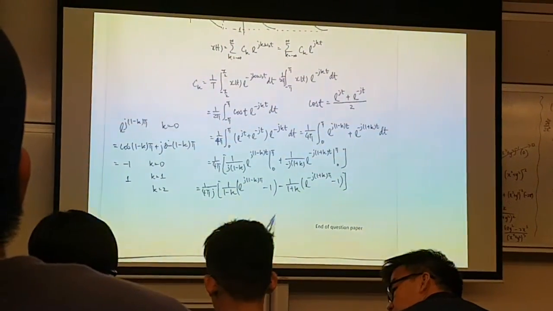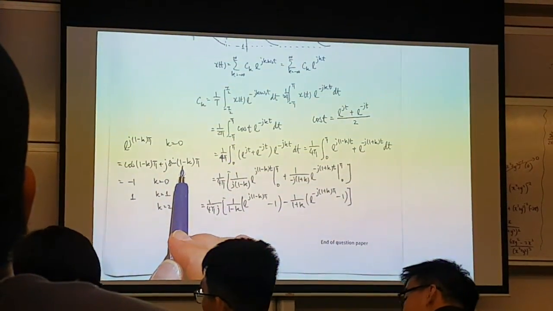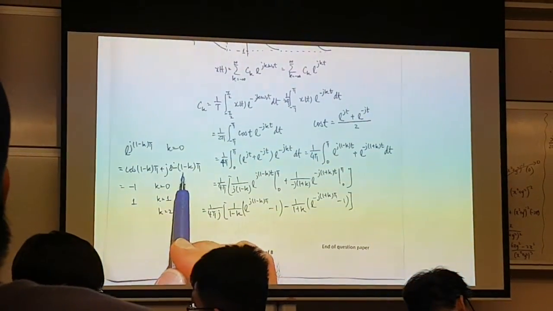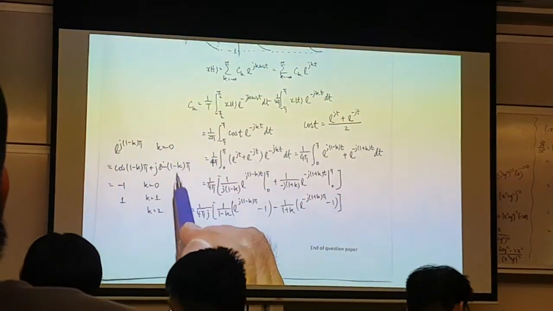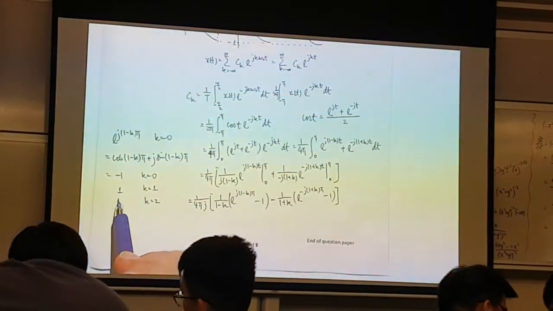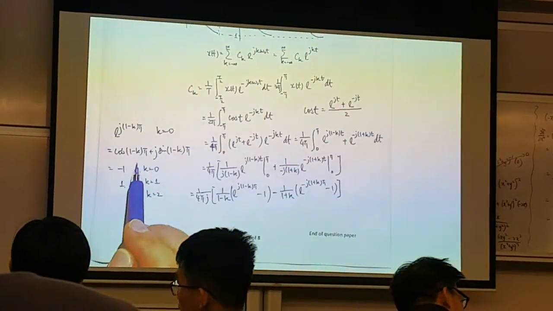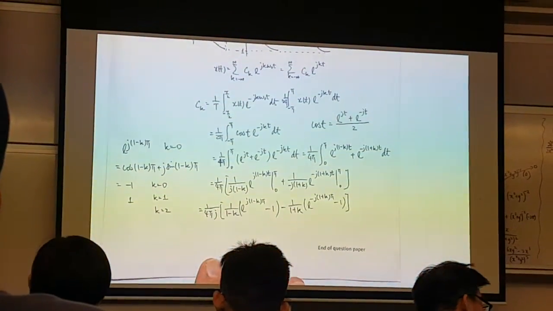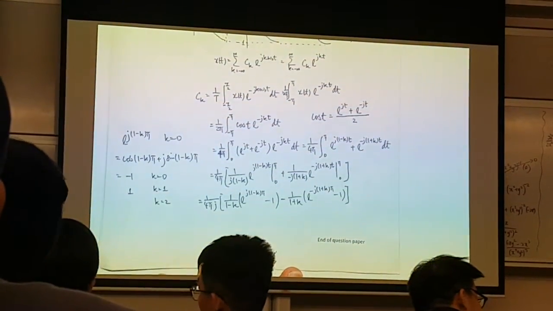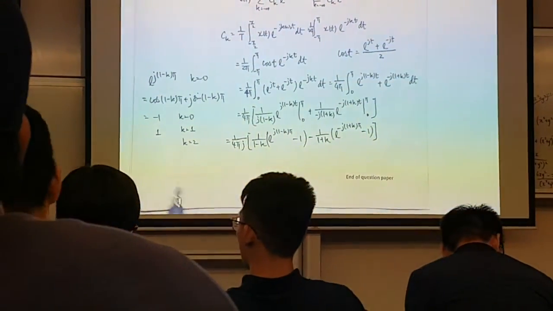When k is equal to 2, what you get here is 1 minus 2 is minus 1, so minus pi. As a result, sine is still equal to 0. For your cosine, you have minus pi, which is still going to be equal to minus 1.